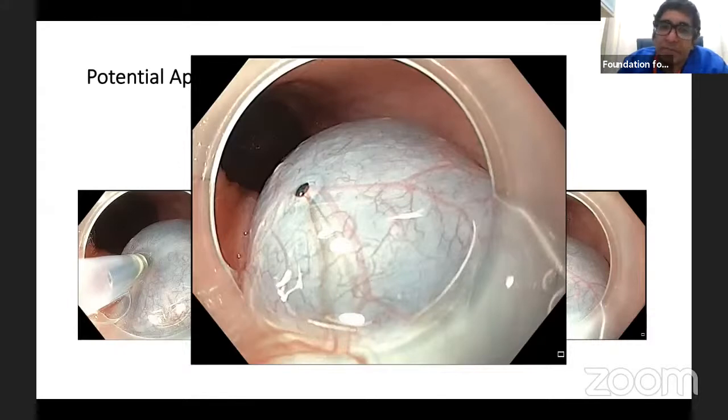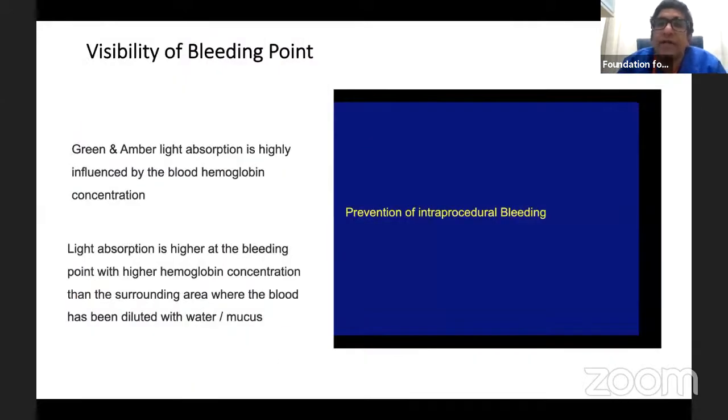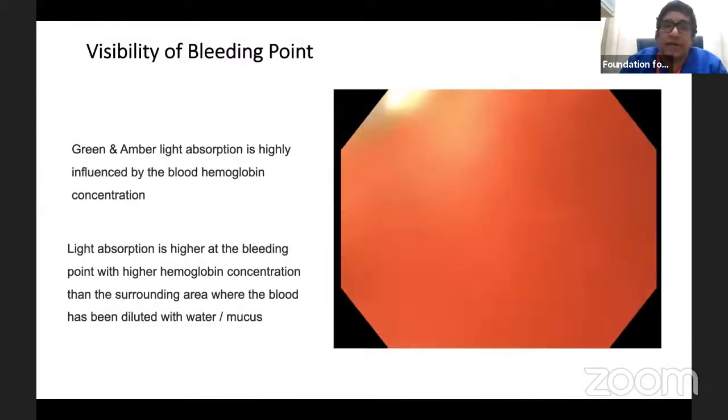In fact, we published a paper in VideoGIE showing that with RDI, on the right side, you can see these are the deeper vessels. So you can place your incision in a relatively avascular zone by avoiding deep vessels, which are much better visible on RDI as compared to white light.